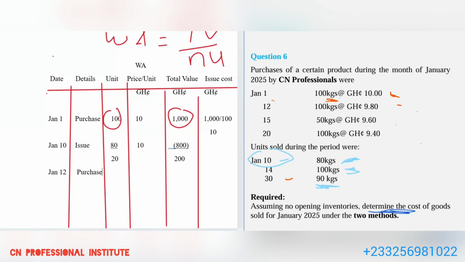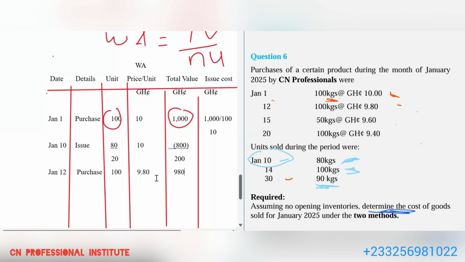Okay, so January 12, we purchased 100 units, right? And then what's the price? It's 9.80, right? So purchase 100 at 9.8, and that should give us 980, right? So that should give us 980.